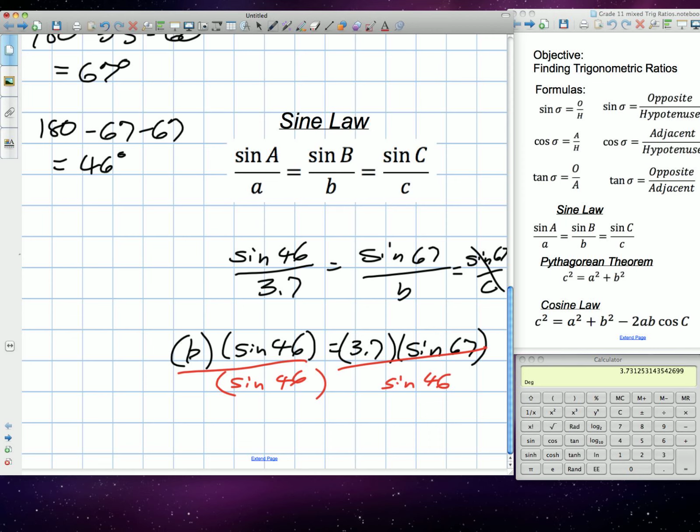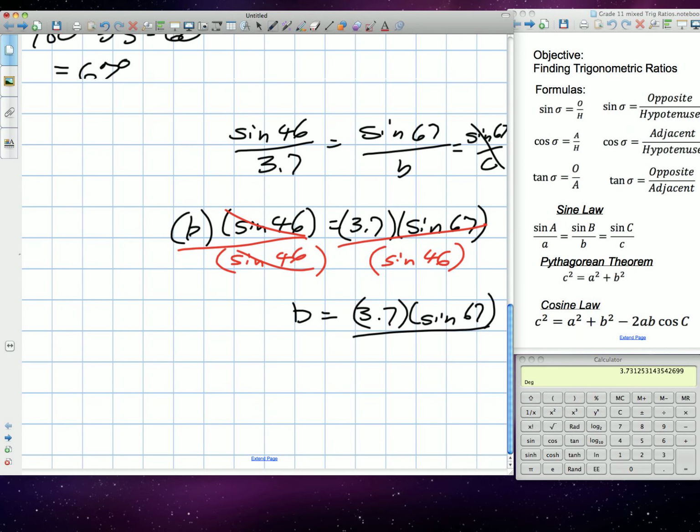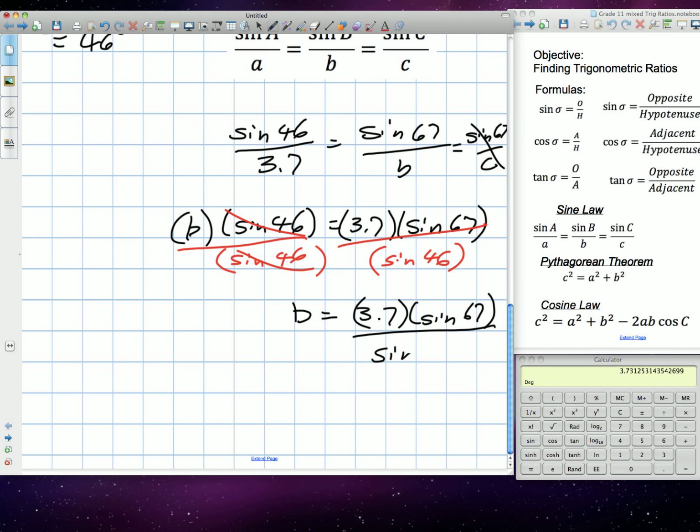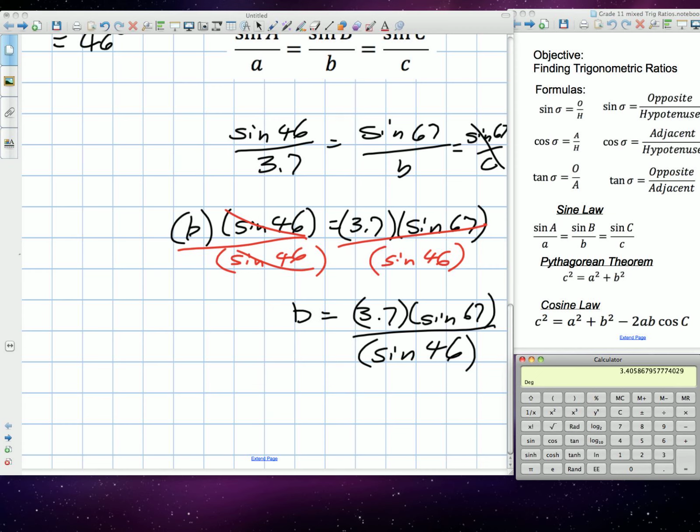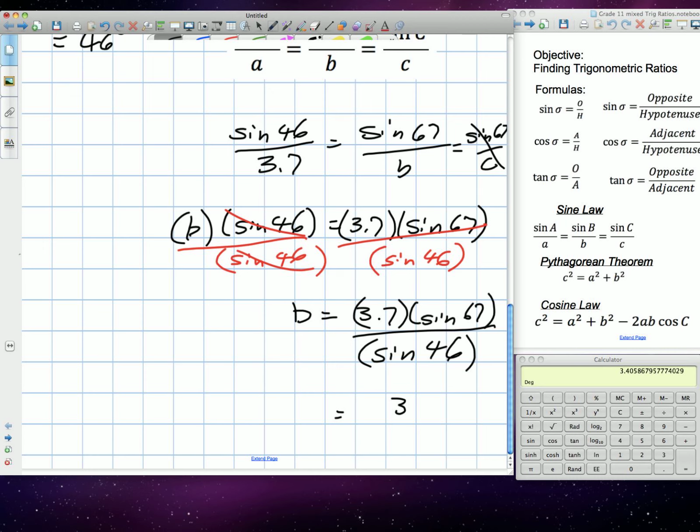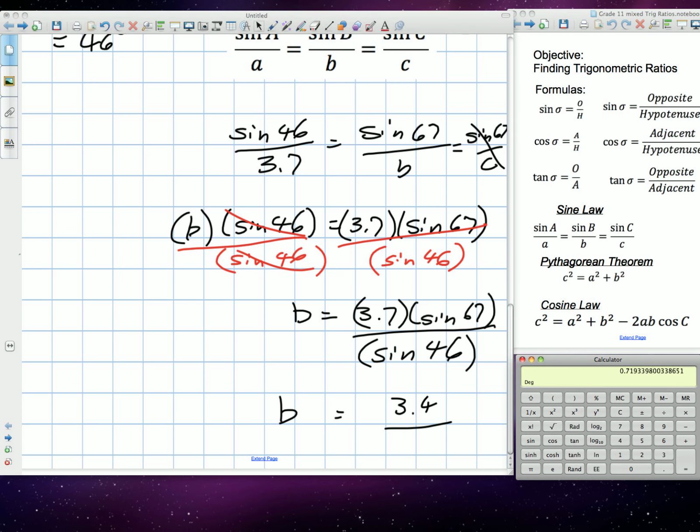It'll cancel these two out, and we're left with B is equal to 3.7 times sine 67 divided by sine 46. All right, so let's put this together. I'll solve the top part first. 67 sine times 3.7 gives us 3.4. And sine 46 gives us 0.719.